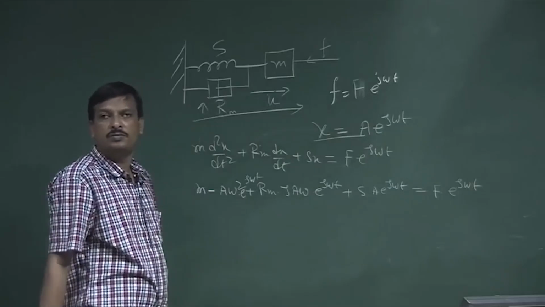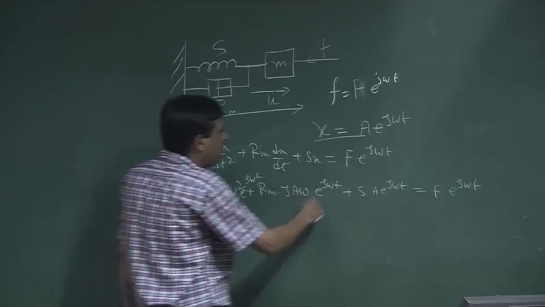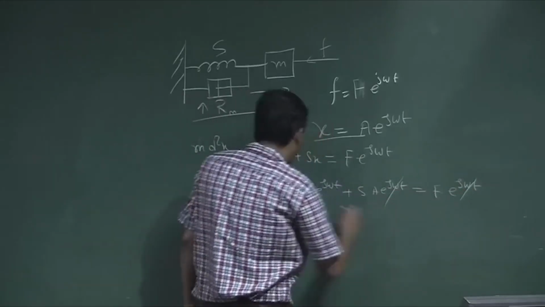Okay? Now, e to the power j omega t on both sides will be cancelled.